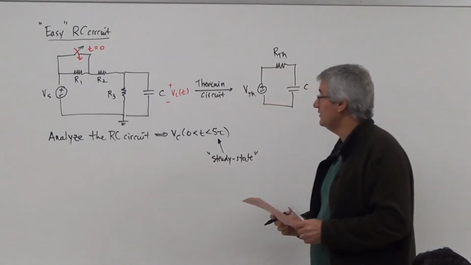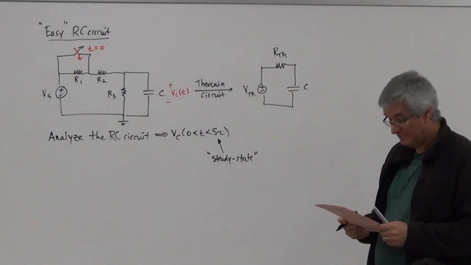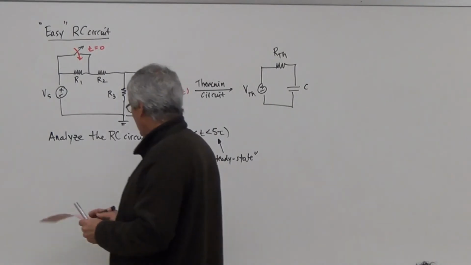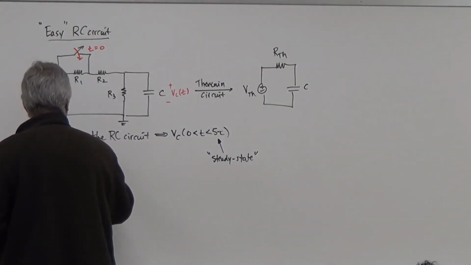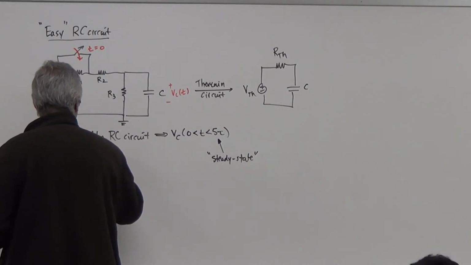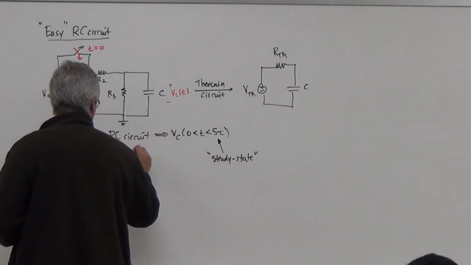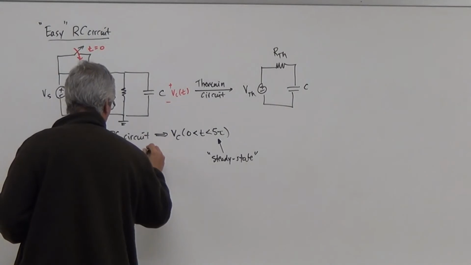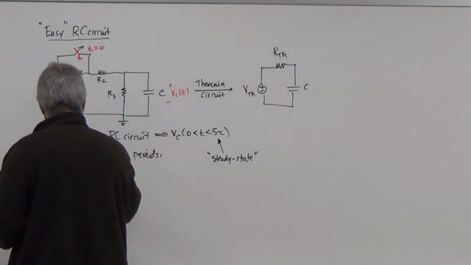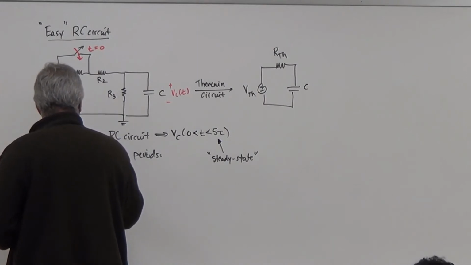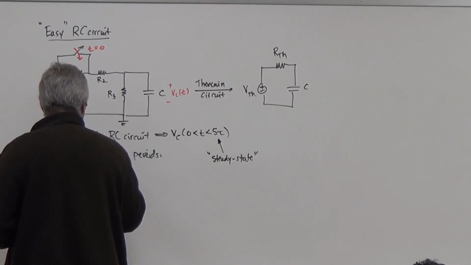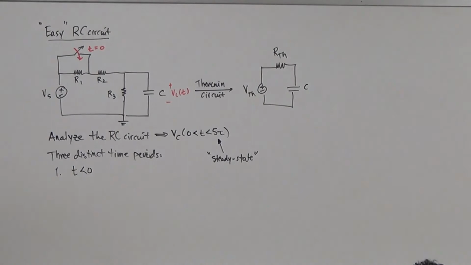So you can see here that I'm going to go through a series of steps. There are 3 distinct time periods. So the first one, I would say, is when t is less than 0. You've got to be careful with this language.